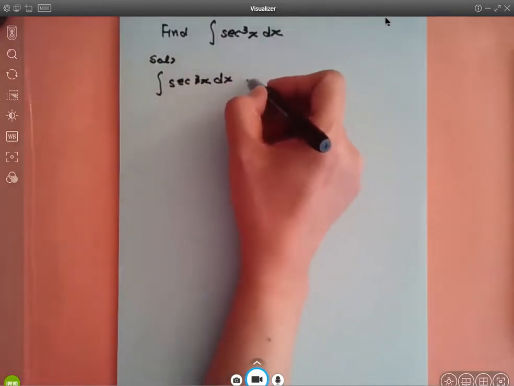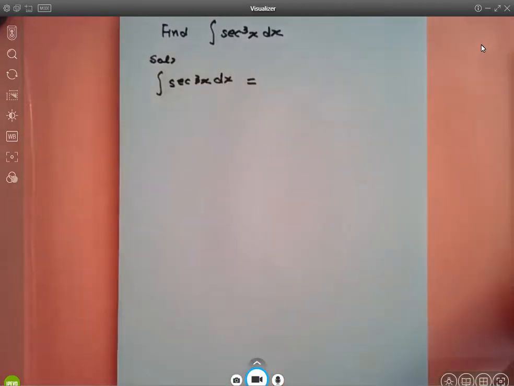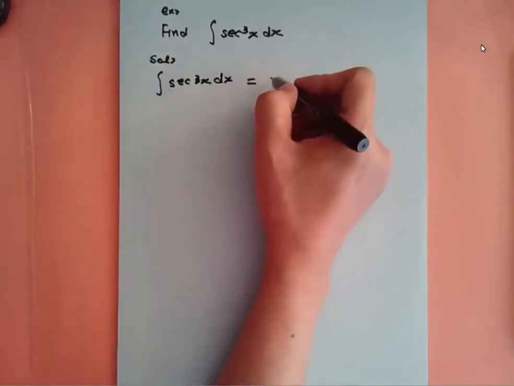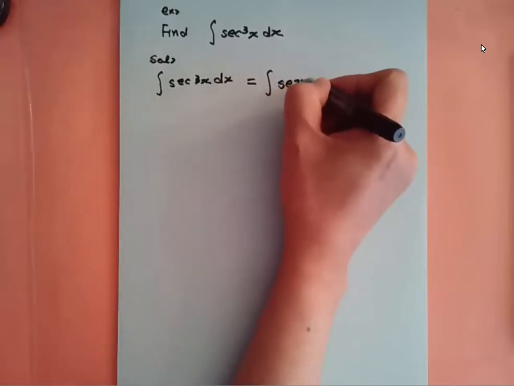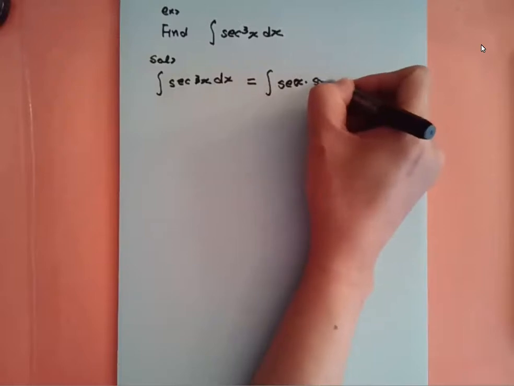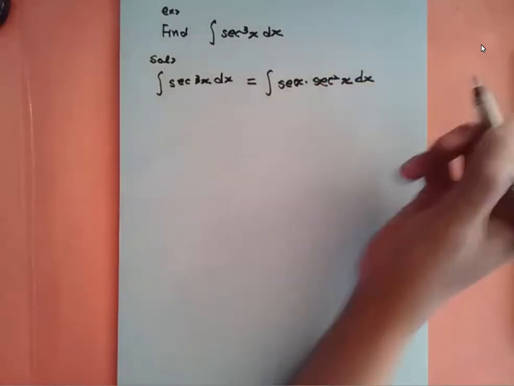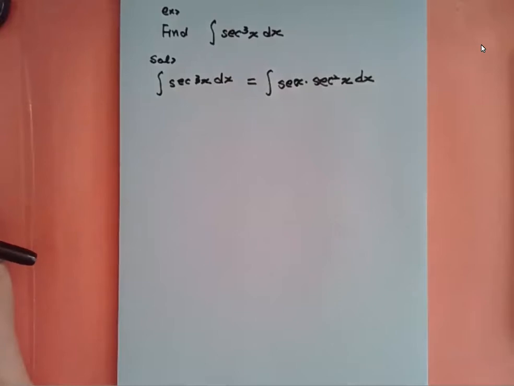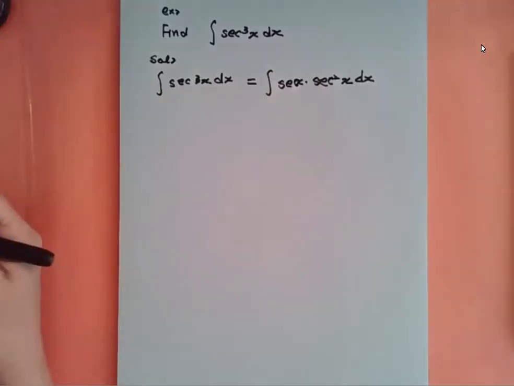With this, what we will do is split this into secant of x times secant squared of x dx. Obviously, we cannot do the substitution method with this.